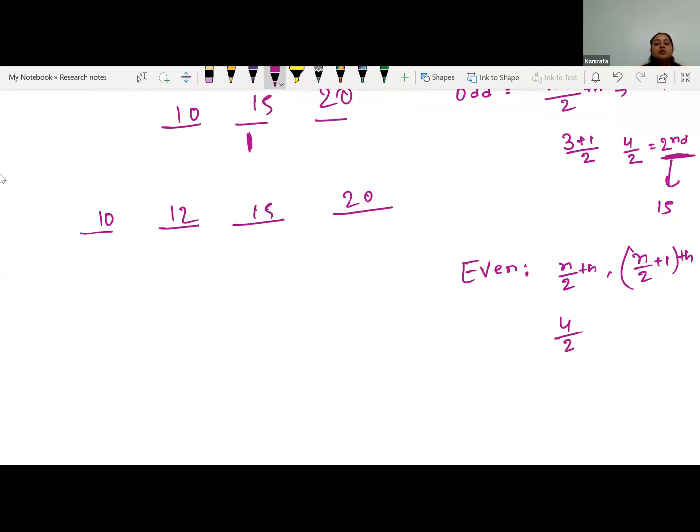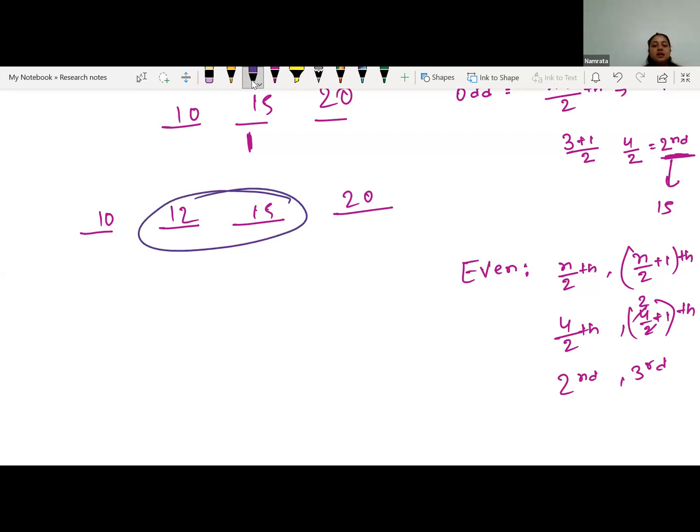That means the 4 by 2th and 4 by 2 plus 1th term, these two are in the middle. That means the second term and third term are the middle terms. Obviously, just by looking at this data, you can say these two are in the middle, right? Yes, ma'am.